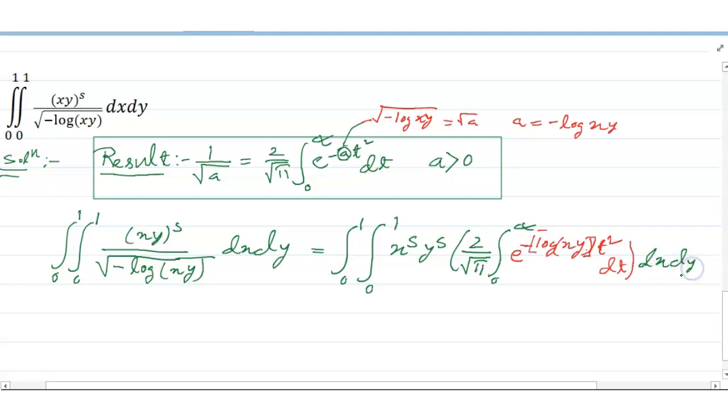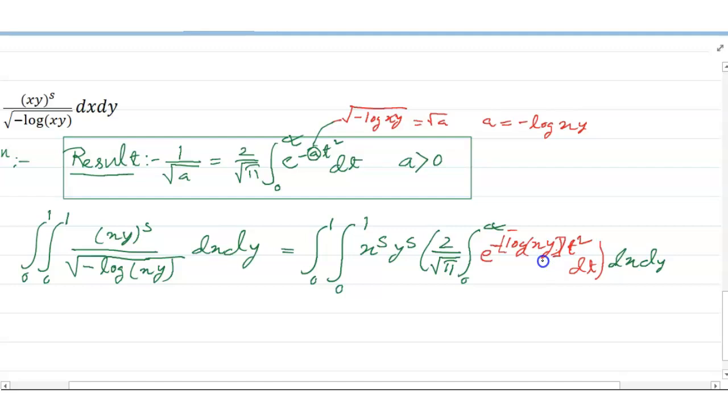I hope it is clear for everyone why log xy is considered as the exponent of e.